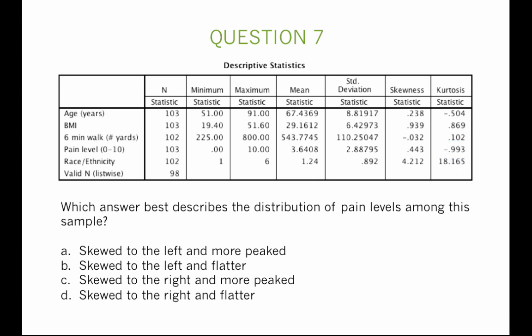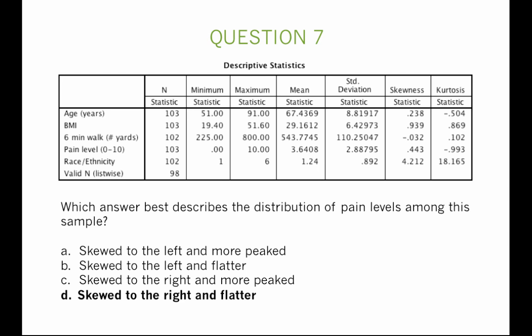So does this mean that our distribution is more peaked, or does it mean that it's flatter? Well, since our kurtosis statistic is negative, it means that it's flatter. Therefore, our answer is D, skewed to the right and flatter. All we're looking at when determining skewness and kurtosis is the sign. Is there a negative sign or not?